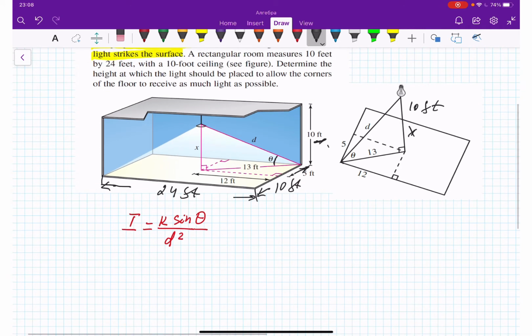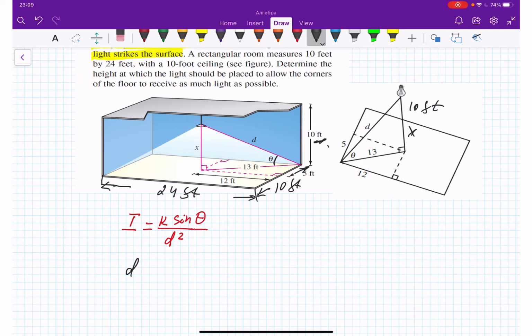Okay, since we have a triangle, the projection of this light is creating a triangle with a right angle. Therefore, I'm going to use the Pythagorean theorem, where distance d is our hypotenuse.